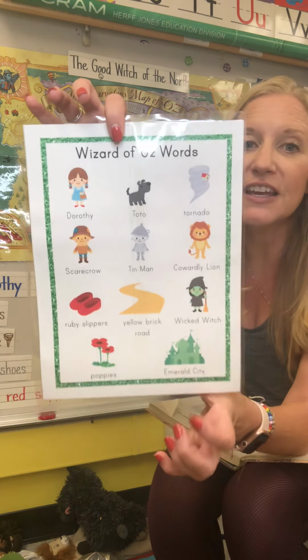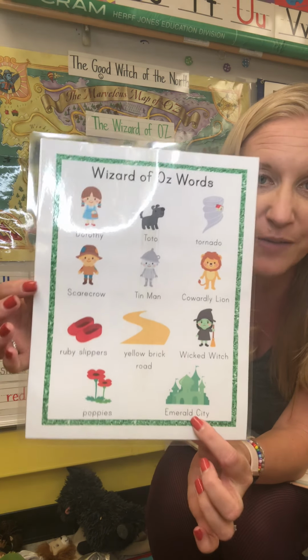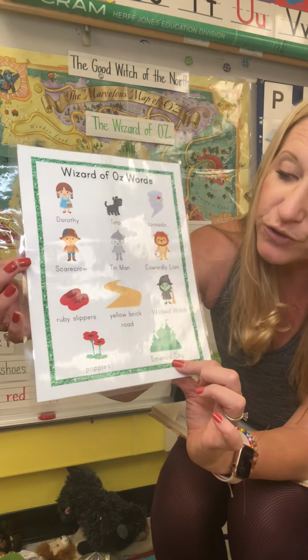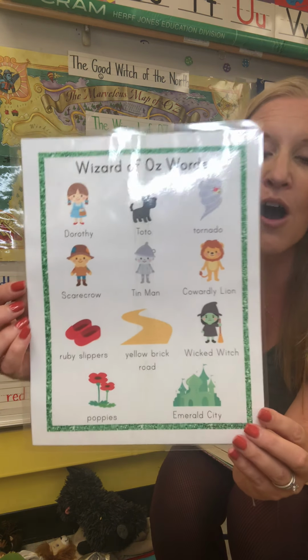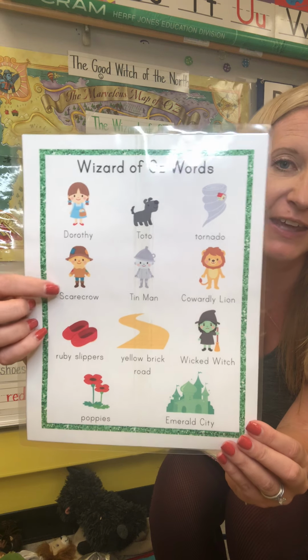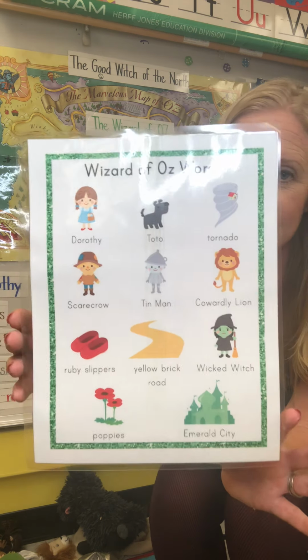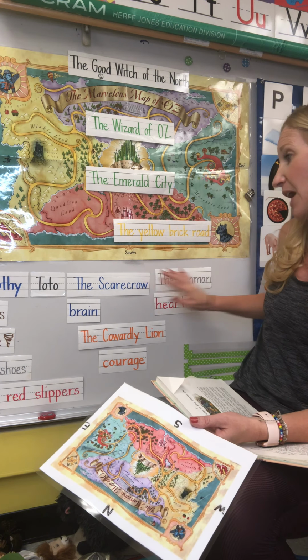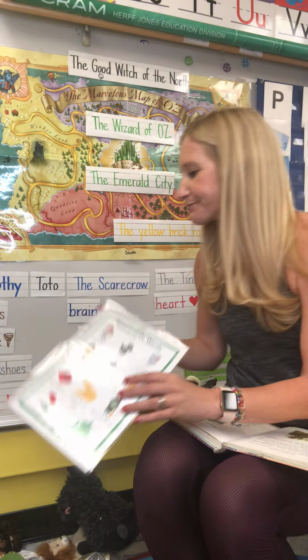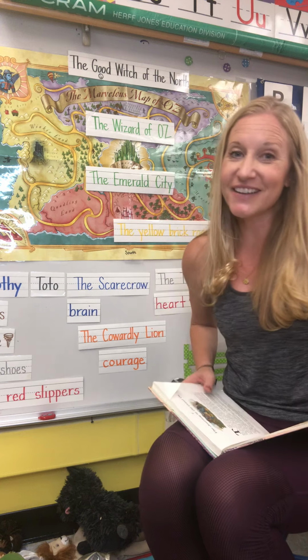And if you look really closely, you'll notice that so does the Emerald City, because the Emerald City is the name of the city. So we always put an uppercase at the beginnings of names. You can see that on your word wall, and you can see that I did it right here on my own word wall that I made. Okay, so let's get started.